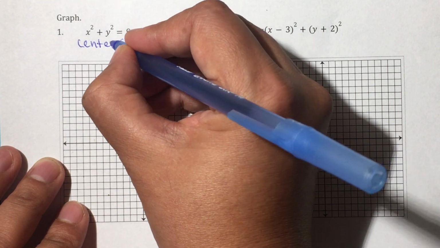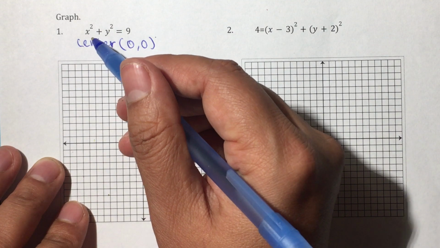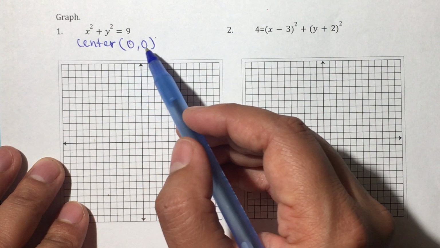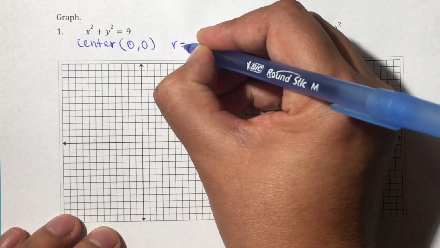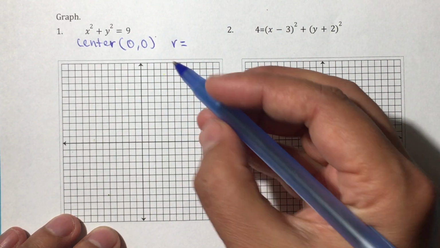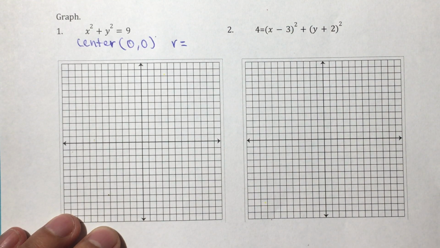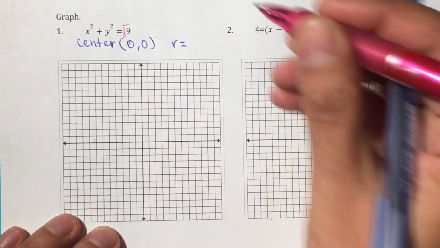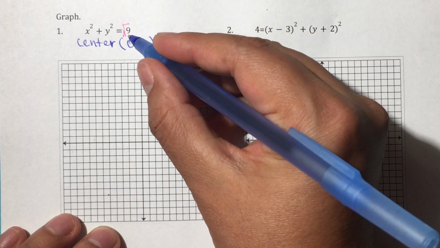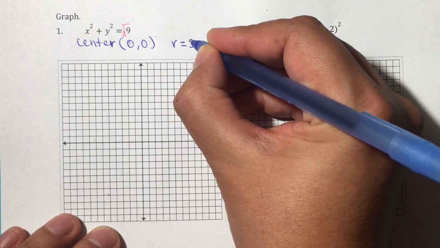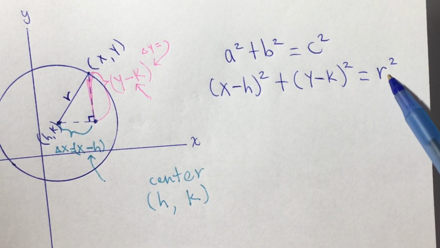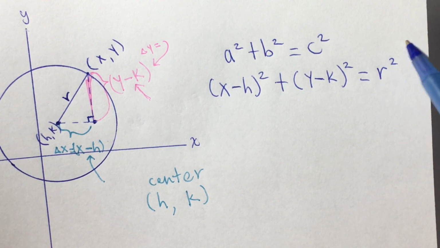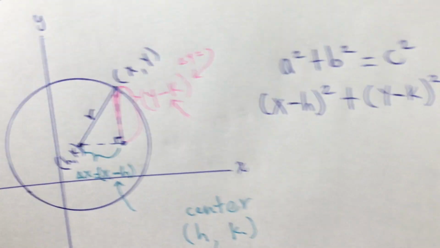You're not subtracting or adding anything to x or to y, then it's 0, 0. For the radius, and I'm just going to put r, what you have to do is take the square root of that answer, and the square root of 9 is 3, so that's going to be your radius. And again, that's because this is the radius, and here in the formula is the radius squared, so you have to take the square root to find what the radius is.